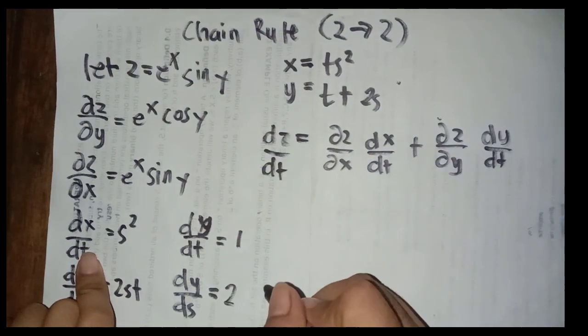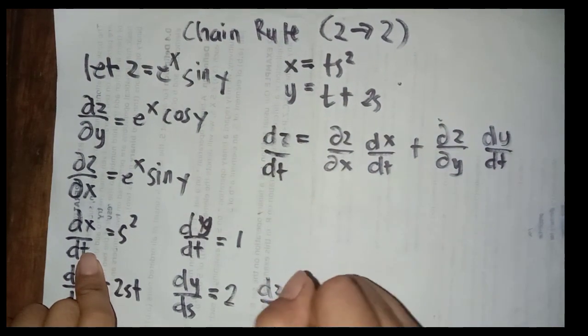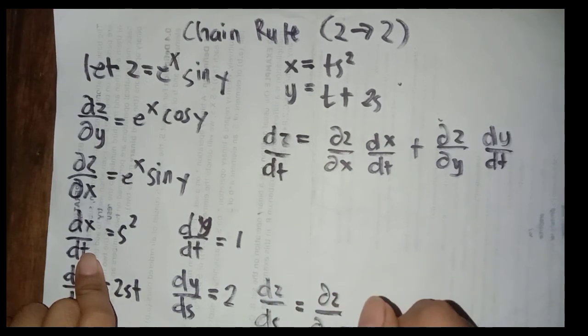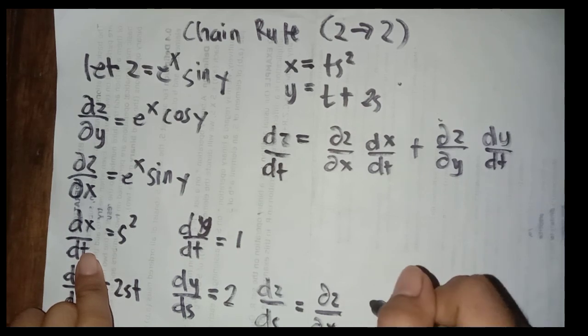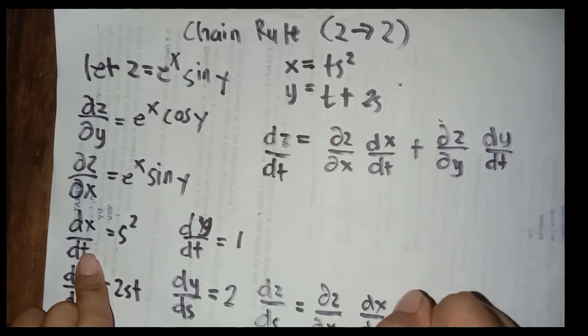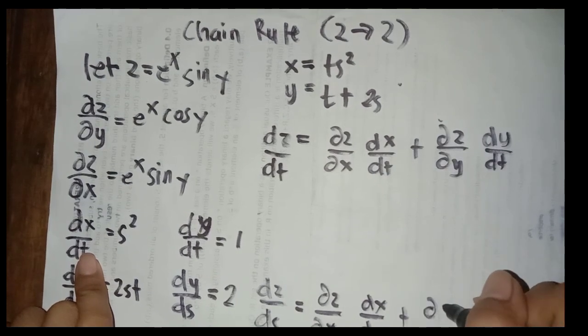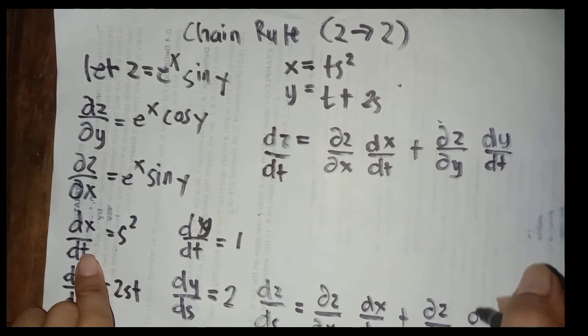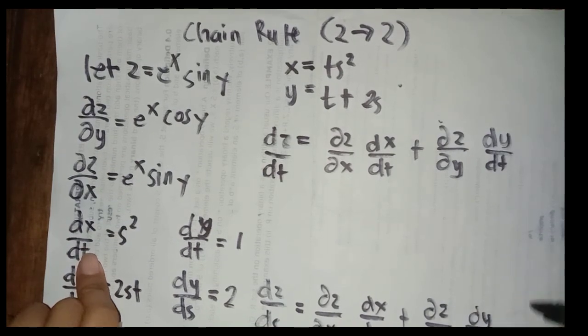And also another part is dz over ds: delta z with respect to x, dx over ds, plus delta z with respect to y, dy over ds.